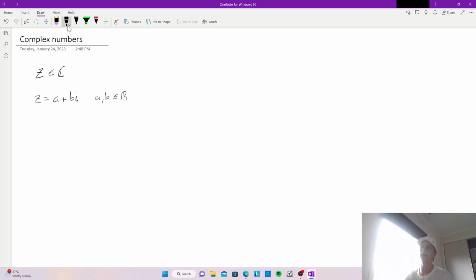Now, a is said to be the real part of this complex number, as it doesn't have the i next to it. It's just a normal number. So our real value in z is equal to a, whereas there's an imaginary part within this number as well. The imaginary part of z is equal to b.